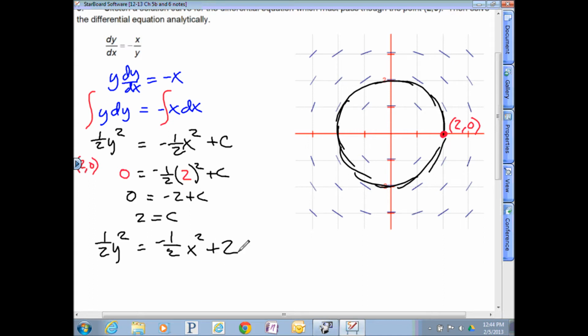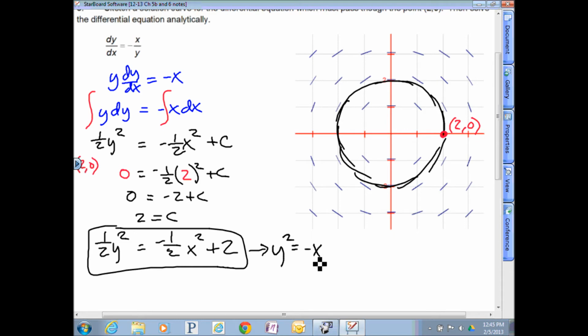Now, if I wanted to play around with this equation a little bit, you could have this as a solution, but a lot of people will probably go, well, I don't really understand what that equation looks like, so let's do a little quick algebra. Let's say we multiplied everything in that equation by 2. I'd have the equation y squared is equal to the opposite of x squared plus 4.